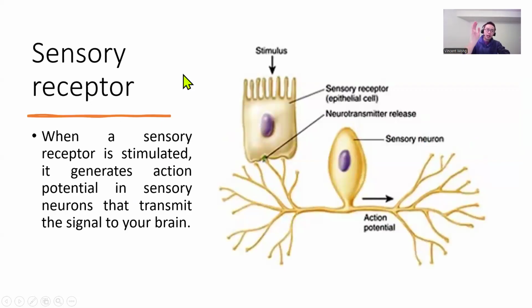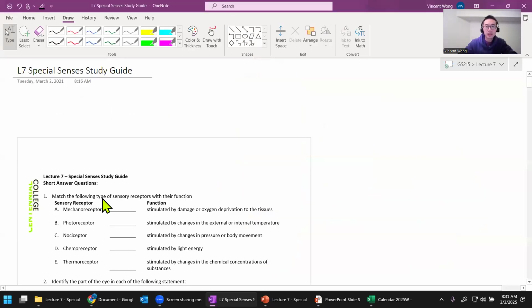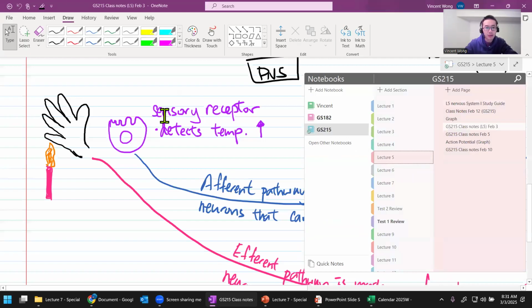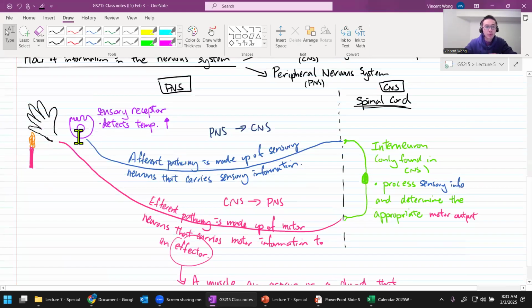Now, if you think back to the nervous system, what we did in lecture, was this 6 or 5? Let me just show you the picture to refresh your memory a little bit right here. In order for you to detect changes in the surroundings or even changes that occur within the body, it all started with some kind of sensory receptor.